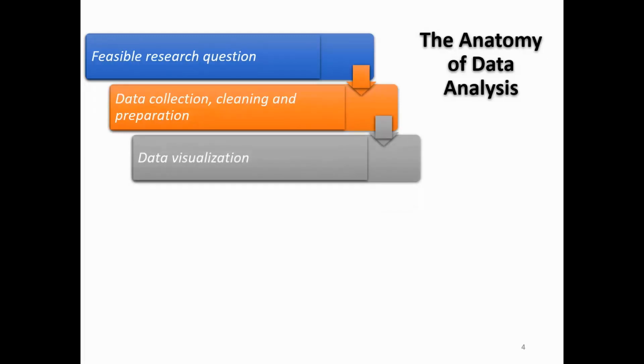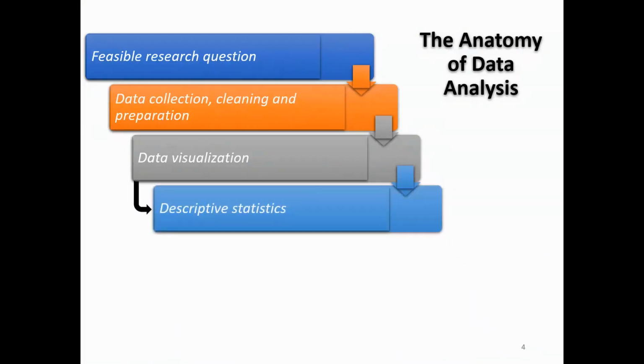And then once you have the data ready, you're going to start trying to have some visualizations to see patterns in the data, trends, possible relationships. And that will give you a little bit more of an idea where your data is and what the next steps are. Along with data visualization, you might also include some descriptive statistics.